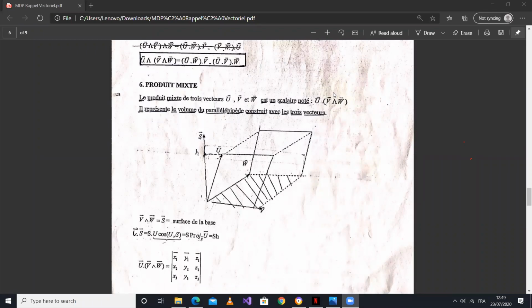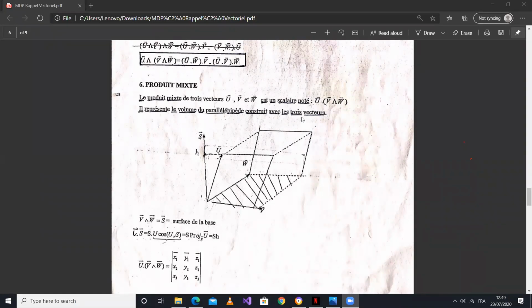So the reason why the product mixed in general is going to give us a scalar as an answer is because the final operation we are performing in this expression is the product scalar. And if the final operation we are performing is the product scalar, it means the answer is going to be a scalar. It's clear? Yes, it's clear.